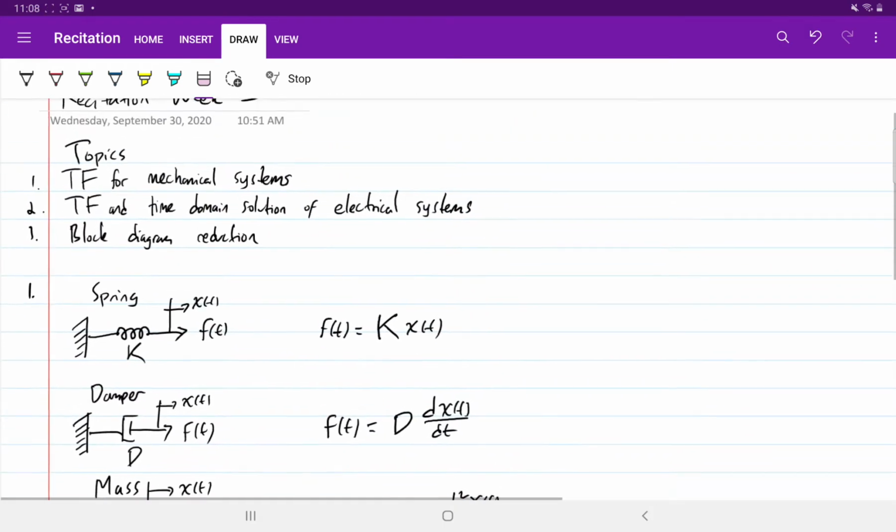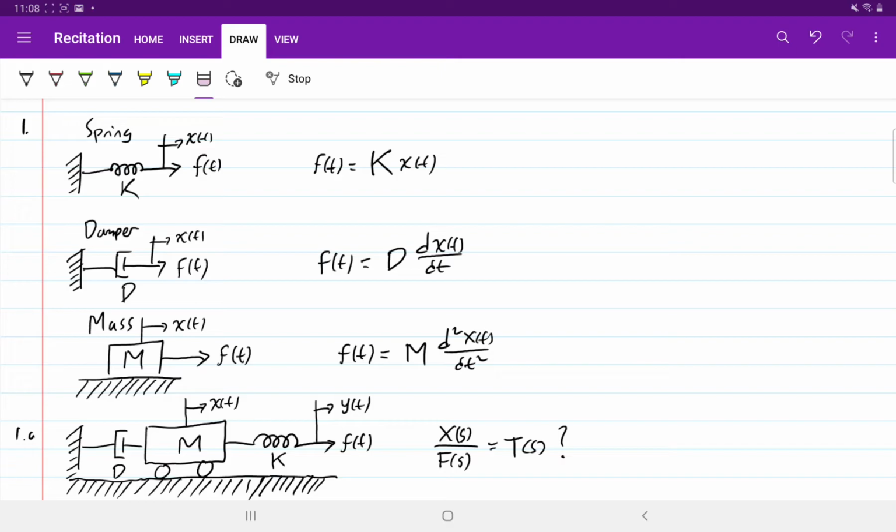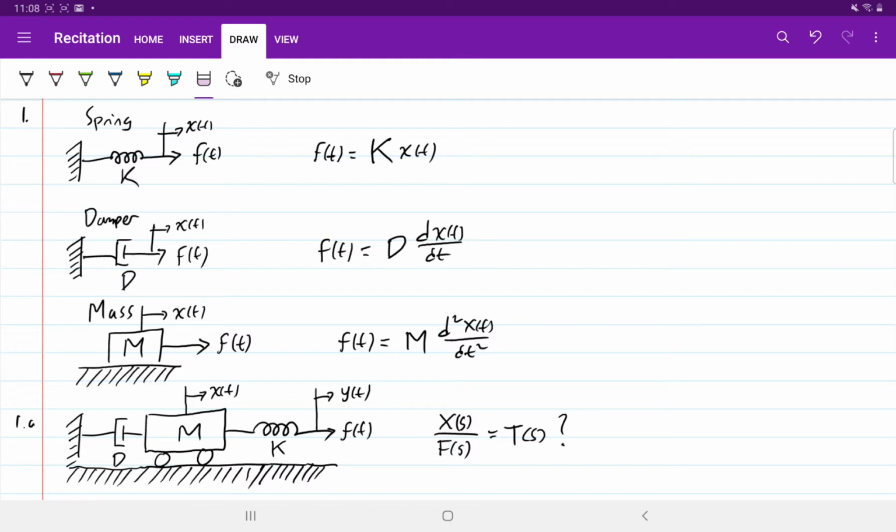Okay, let's start with the first topic. So the basic components in translational mechanical systems are spring, damper, and mass.